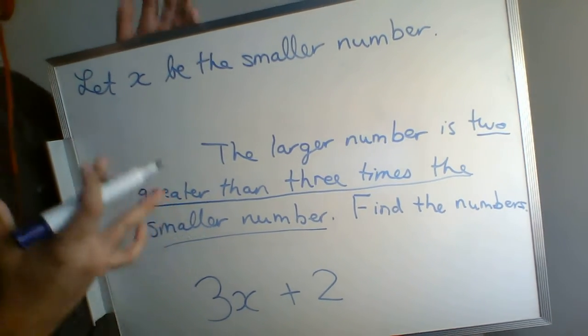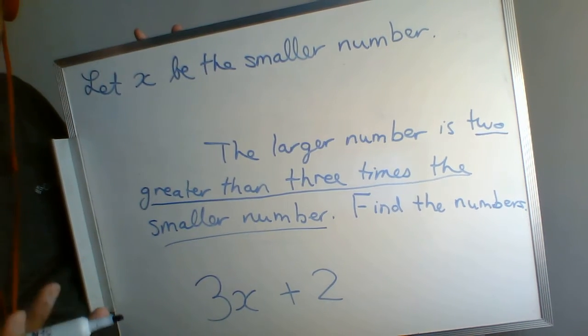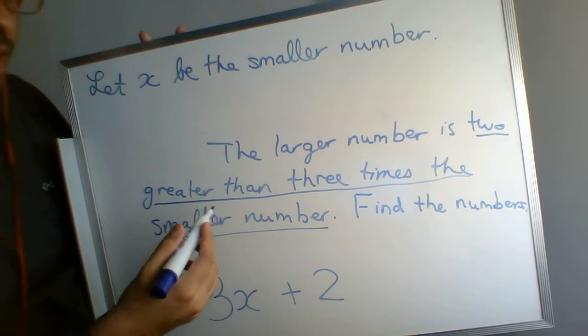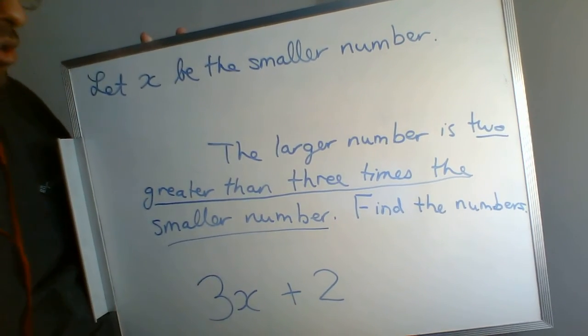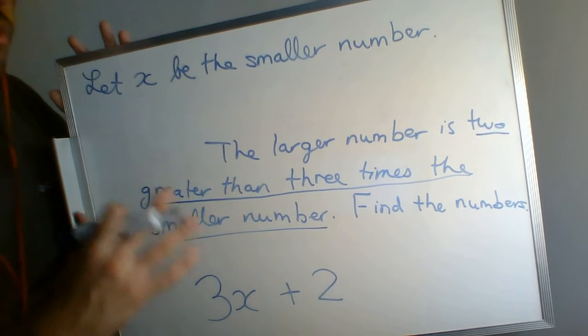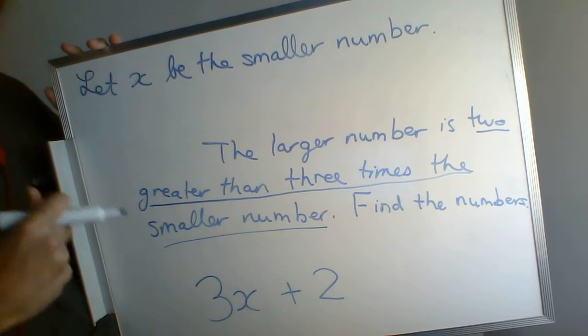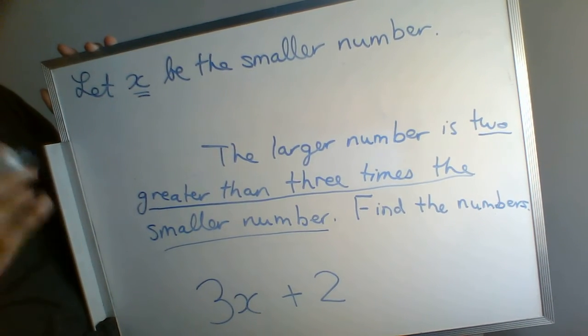The way it's written, the larger number depends on the smaller number. If the smaller number is a certain value, the larger number is going to be 2 larger than 3 times that smaller number. So the larger number, its actual value, depends on what the smaller number is. So I'm letting x be the smaller number because that's sort of the key.